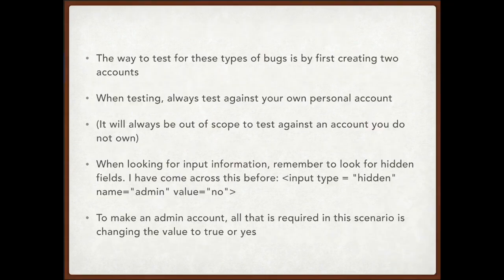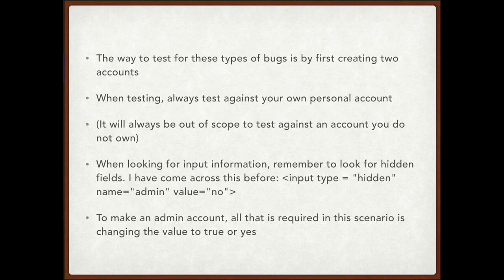The best way to test for these, and I think the only way, is by creating 2 different accounts. It is always good to create 2 different accounts because you will have to test in real life against your own accounts. You cannot test on someone else's account, so you can't actually write on someone else's wall. This would be out of scope, or you can't leave feedback as a different user. These will always be out of scope.